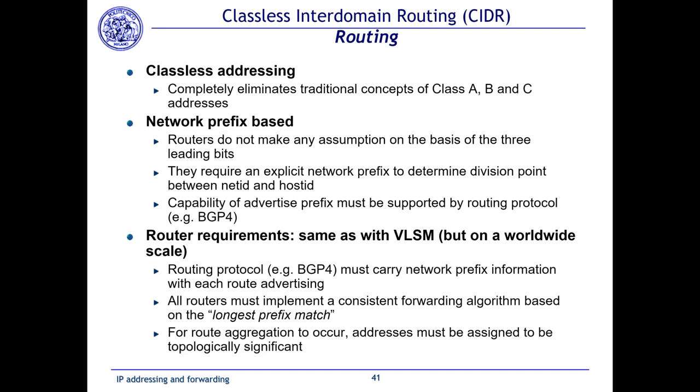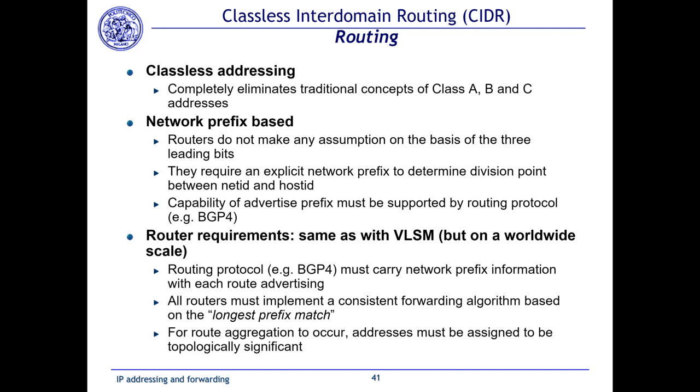The basic idea is to completely eliminate the traditional distinction between class A, class B, and class C. When a block of addresses is assigned to a network manager, it can have any size, and the size is specified by the length of the part of this block that is identifying the network prefix.